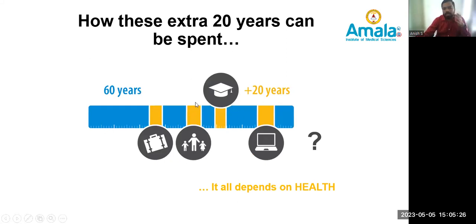Age 60 is taken for the social aspects like pension, or the retirement age. But for geriatrics, actually, there is no age. It all depends on the health of the individual, how he spends the next 20 years after 60.